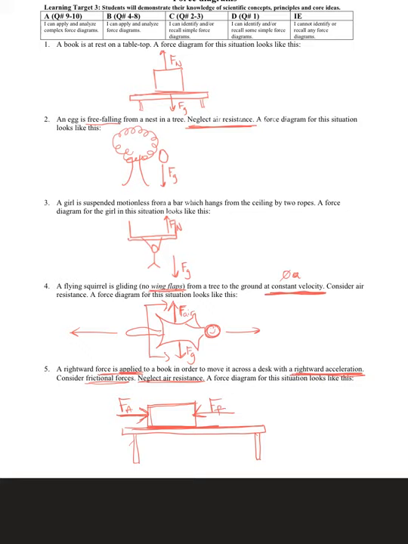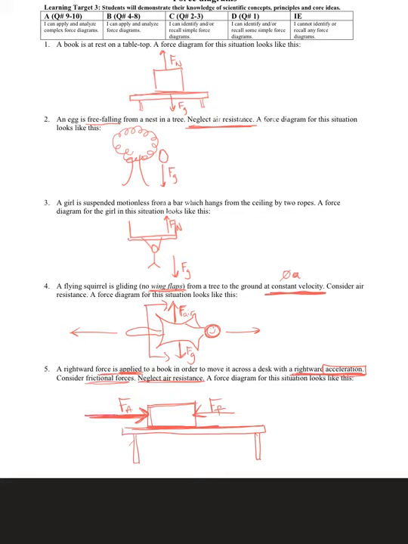Frictional force opposes applied force. But what does it tell me? This is really important, you guys. This rightward acceleration lets me know that the force in the rightward direction is larger than the force in the left direction, than the force that is opposing it.